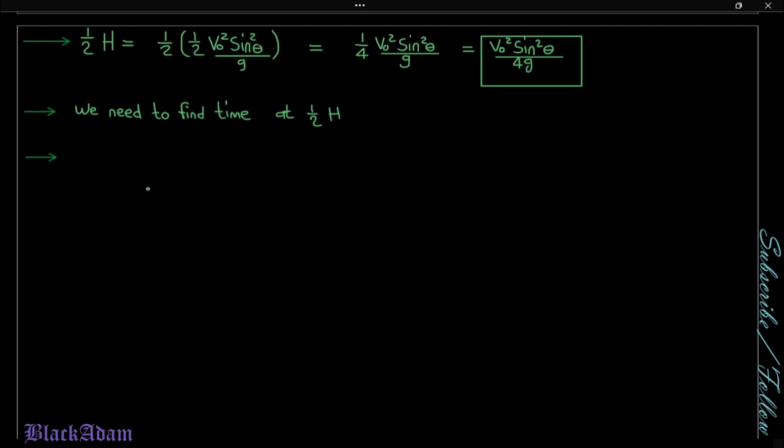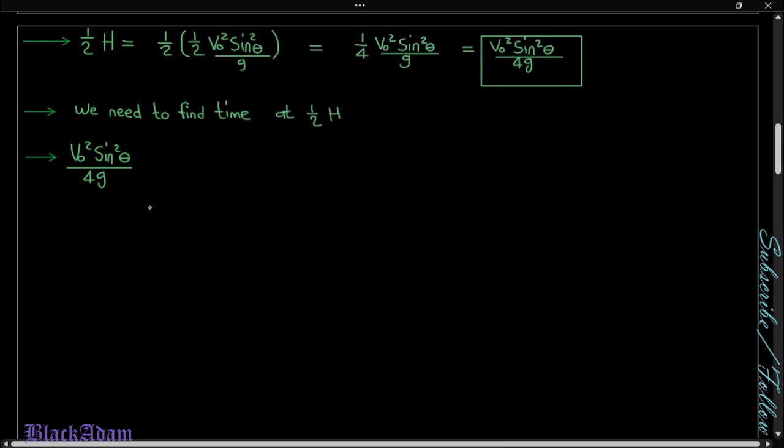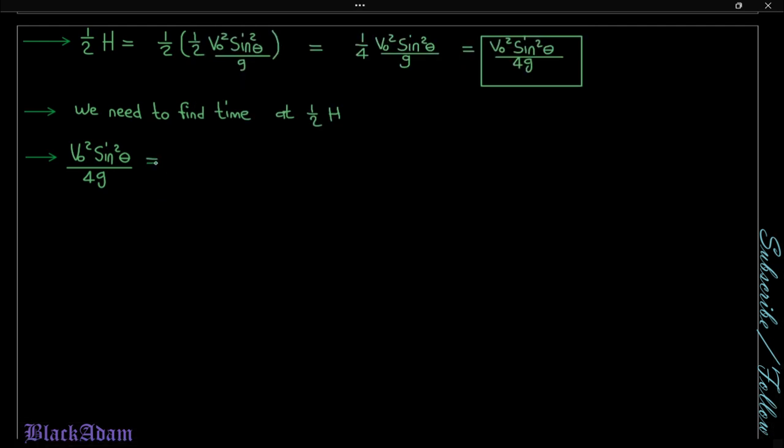height. So that time there at half height we'll have two of them, remember, so we need v initial squared sine squared theta over 4g, remember that's the height.